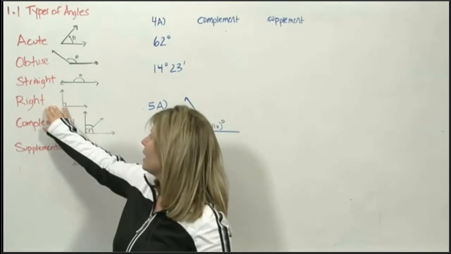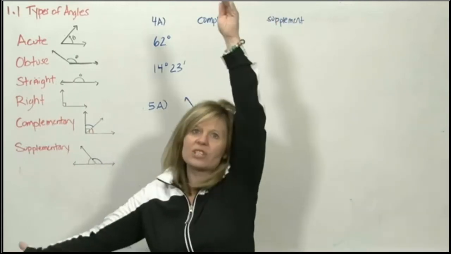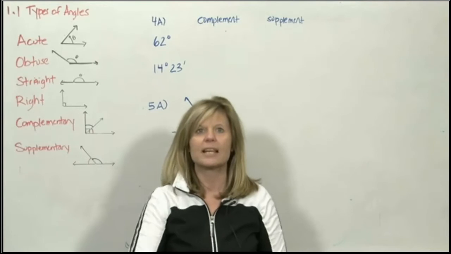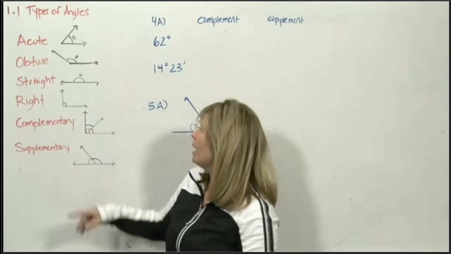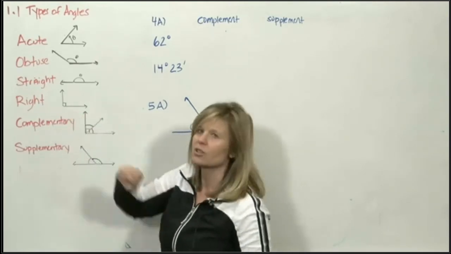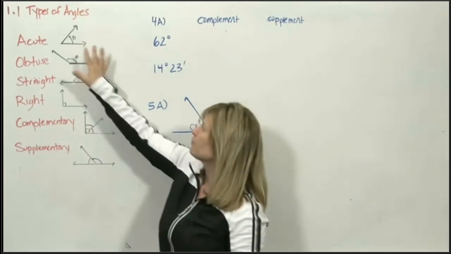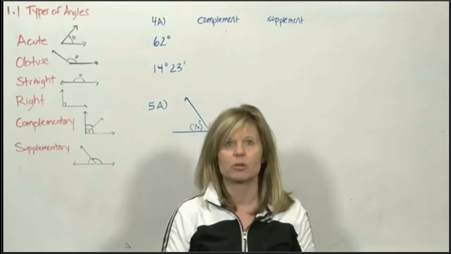And then of course, there's the right angle, which is exactly 90 degrees. It's an angle where the two line segments are perpendicular to the ground. And if you remember, we used the little box to notate 90 degrees. So those were your four basic angles in geometry.